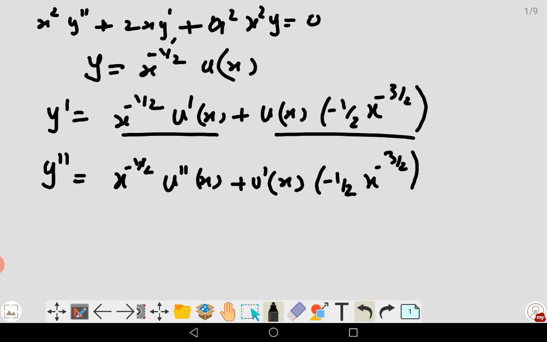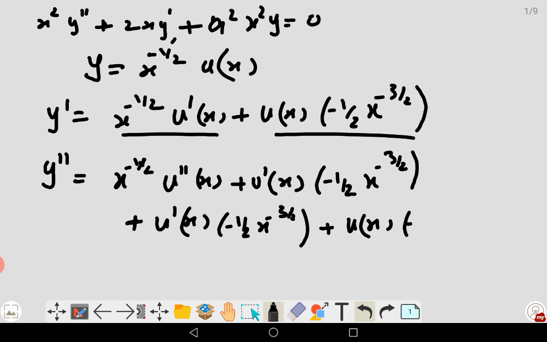Next go to this function again, the uv method. Differentiate u prime of x, keep the second term negative half x to the power minus 3 by 2, plus keep this u of x and differentiate this, the constant is negative half, it will be again negative 3 over 2 x power negative 5 over 2.